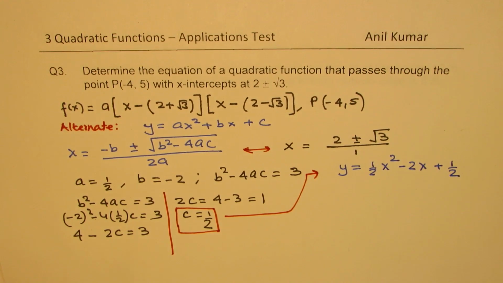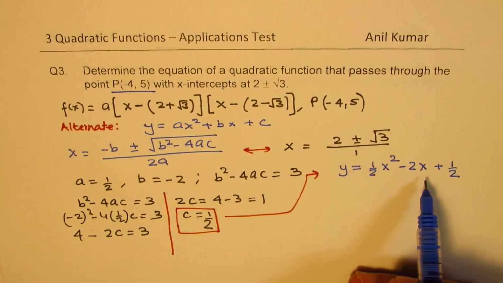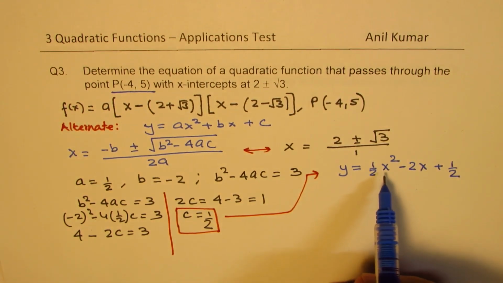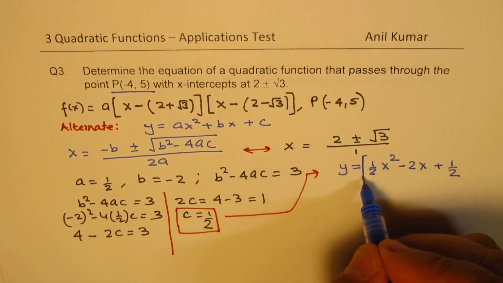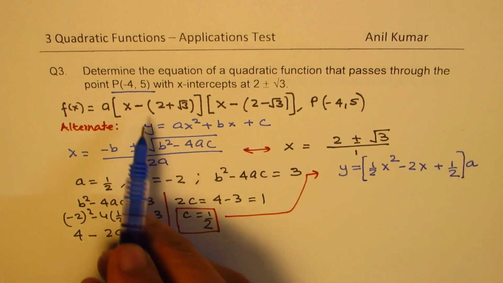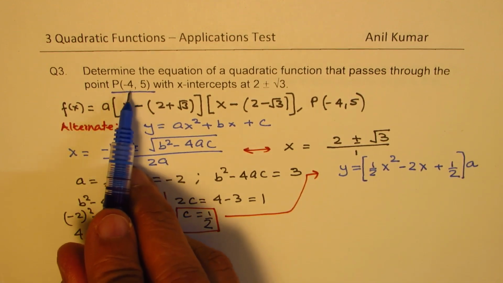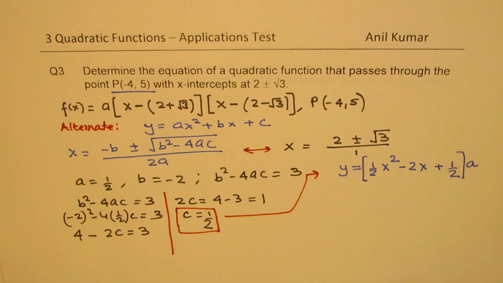So that becomes our equation. But now the point (-4, 5) lies on this. That means if I substitute minus 4 here, I should get 5, right? So basically this equation should be multiplied by the factor a to get us this particular equation where the point lies, right?